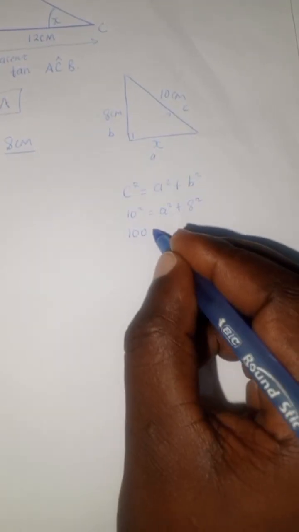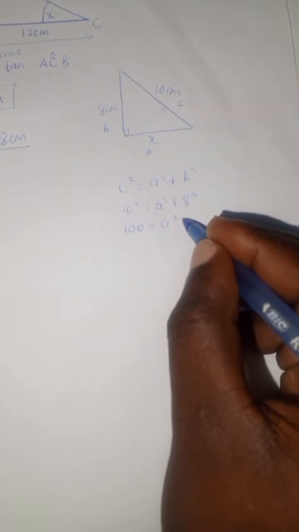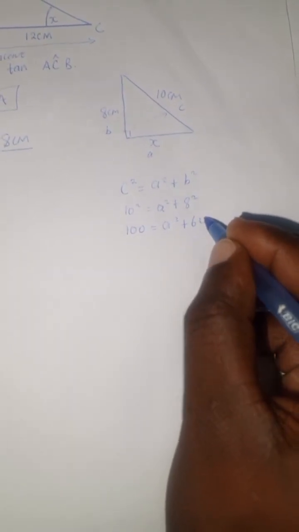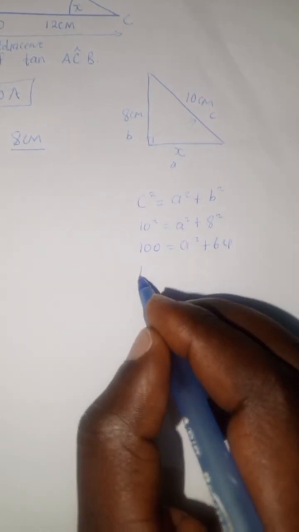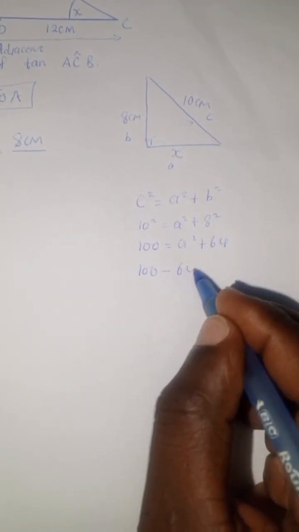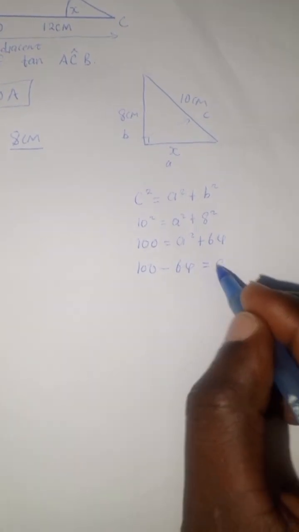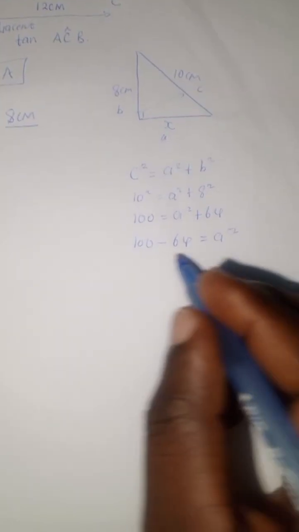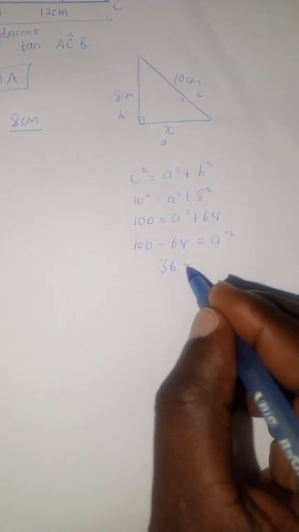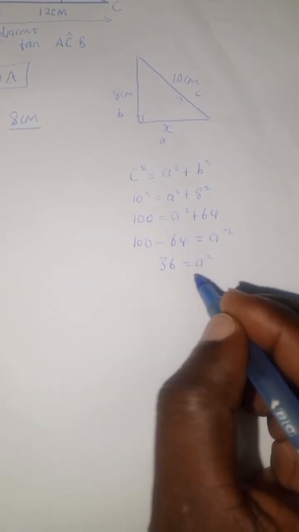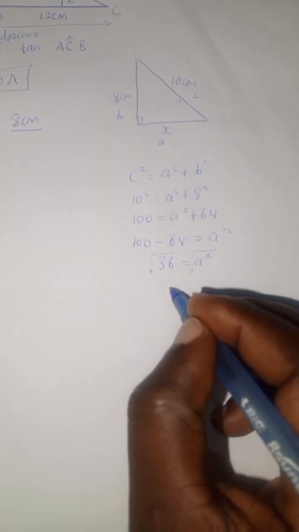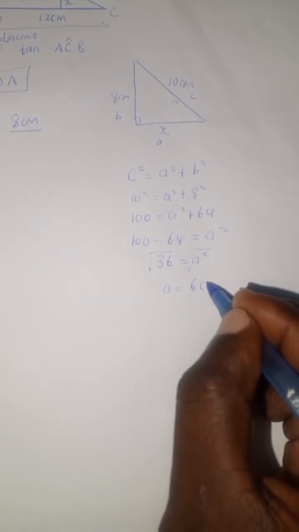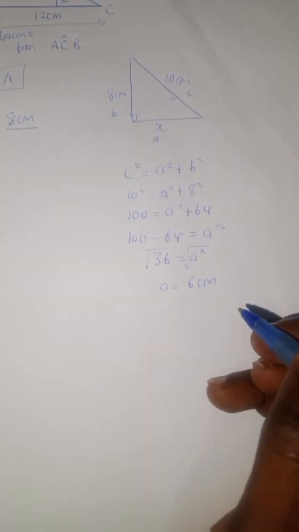This is obviously 100, then you have A squared plus this is 64. Arranging the like terms, this is going to be 100 minus 64, which will give us A squared. 100 minus 64 is 36, so A squared is 36. Taking the square root, A gets to be 6 centimeters.